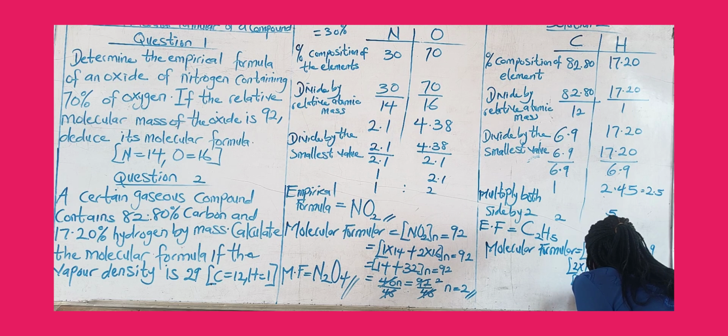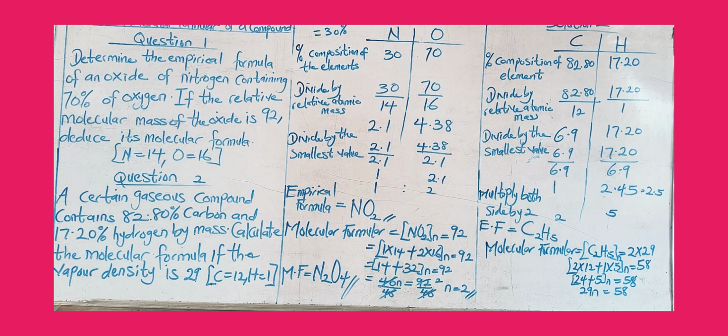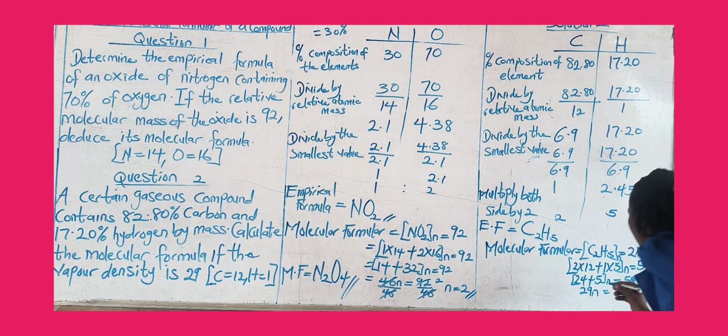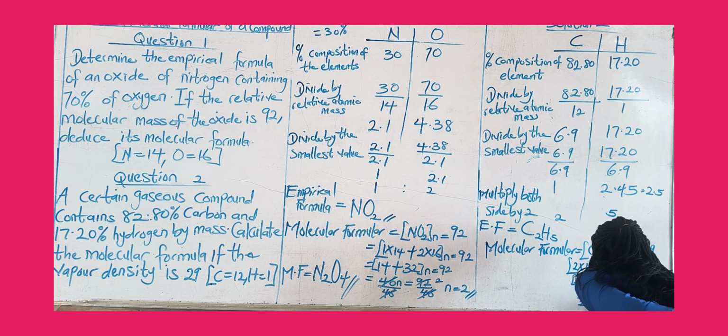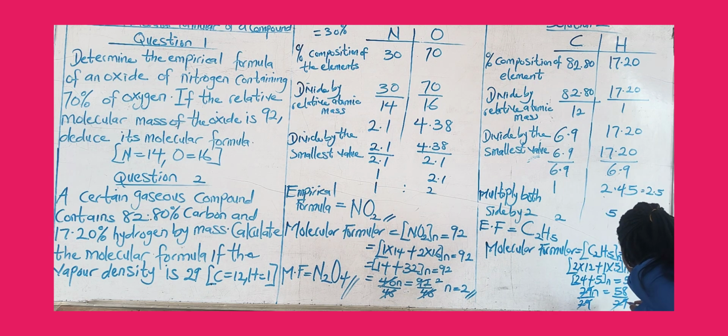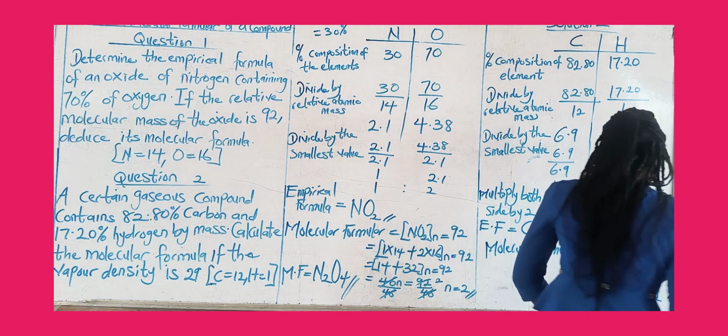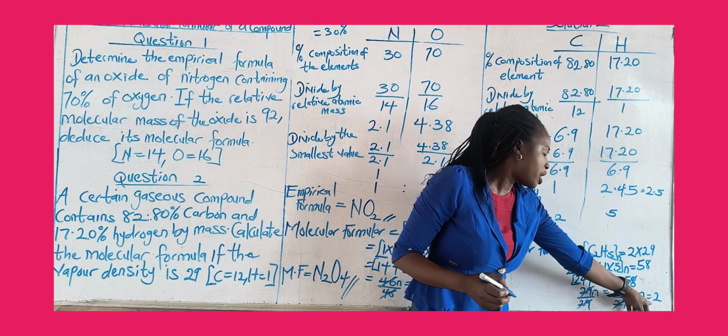That is 29n equals 58. To get our value for n, we divide both sides by 29. 29 into 58 is 2. So our n equals 2.